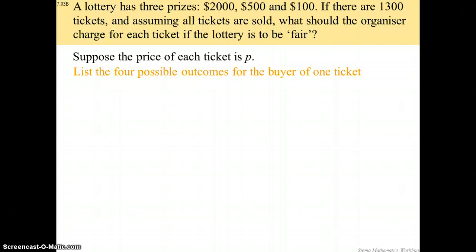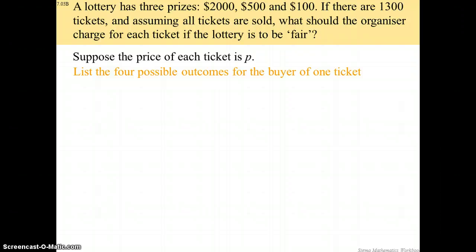In fact, let's see if we can think about that before I flick up the answer. What are the 4 possible outcomes in terms of the buyer? They either win how much? 2,000, 500, or 100, and what's the 4th outcome? They lose their ticket price.